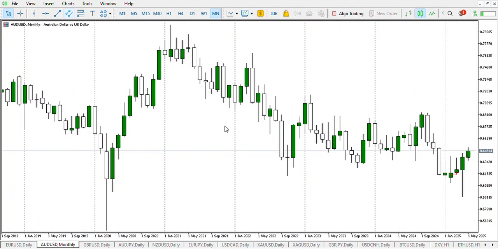There are specific zones, there are specific levels where the institutions put their orders. There are specific zones on the chart where the institutions key in their orders, and markets will always go to these zones, fill their orders, and go in the intended direction.